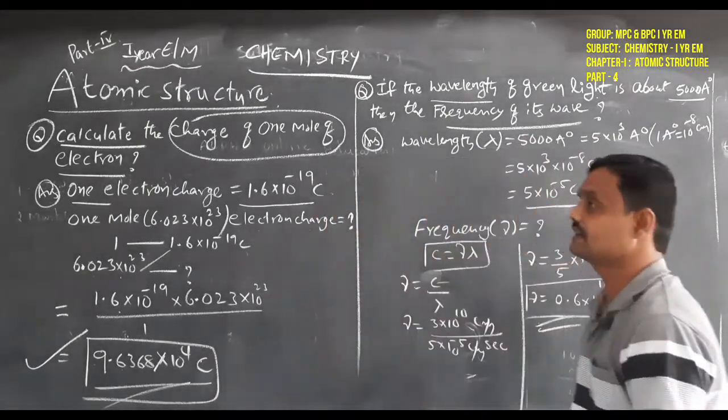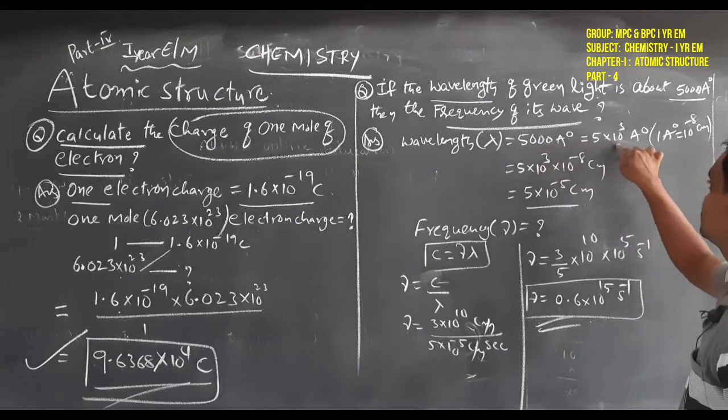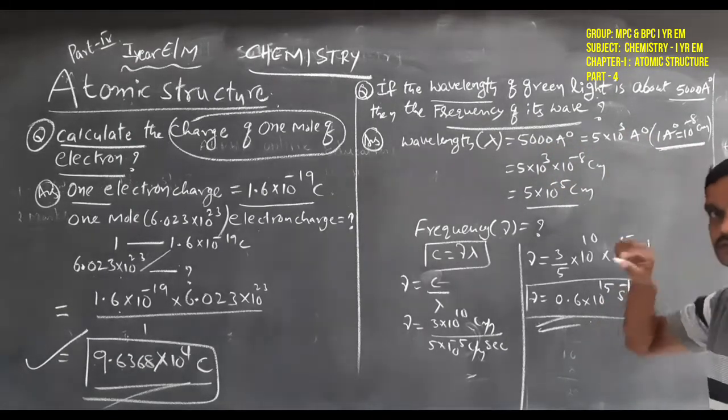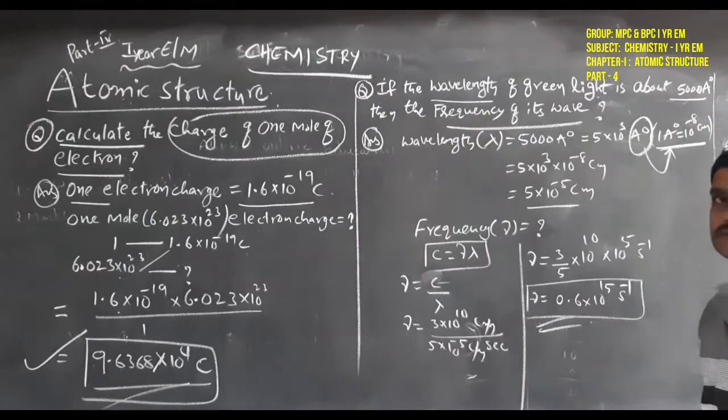So this 5000 angstrom is converted to 5 into 10 cube angstrom. Already we have to know that 1 angstrom is equal to 10 power minus 8 centimeters. So in place of angstrom, we substitute 10 power minus 8 centimeters.